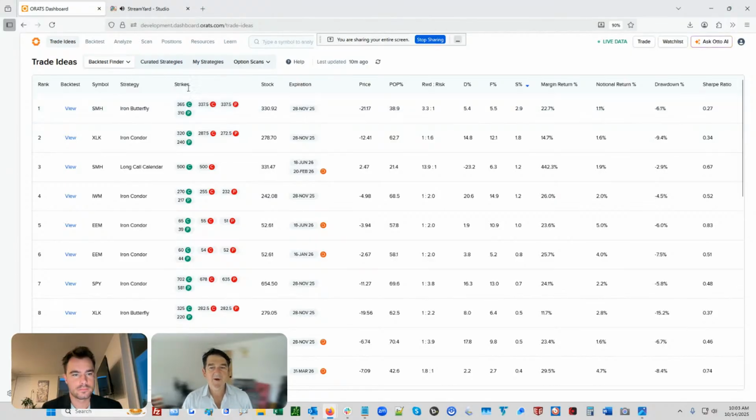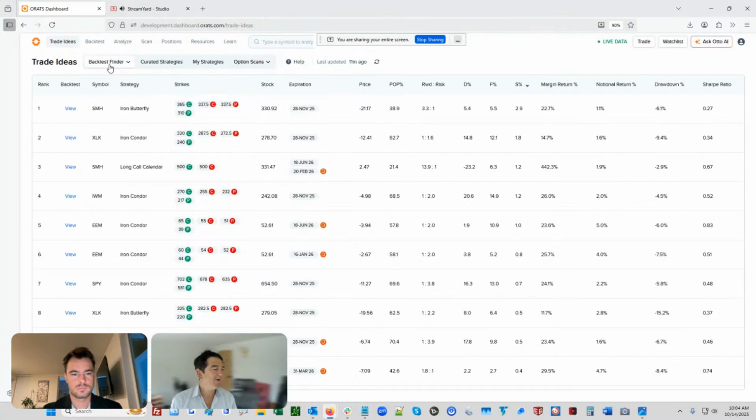So we have these edges, and they show up all over, but mostly in our scanning. If you go to our trade ideas tab, and now the dashboard opens at our trade ideas, you'll notice a table of a lot of different trades. The way that we find these trades is varied. We have 4 different ways using the backtest finder.